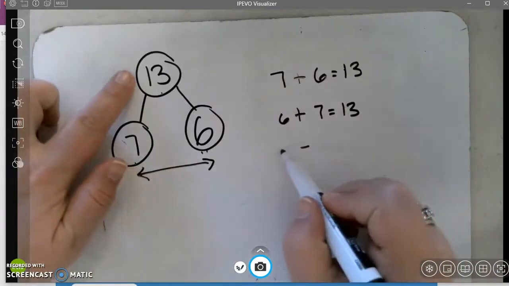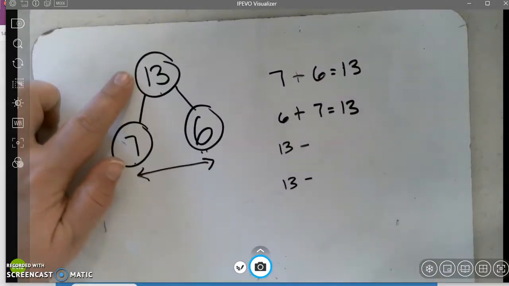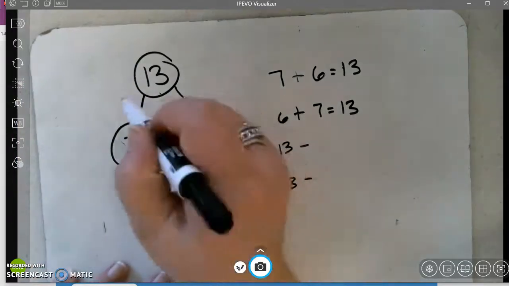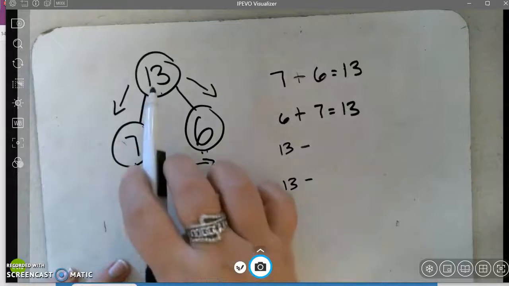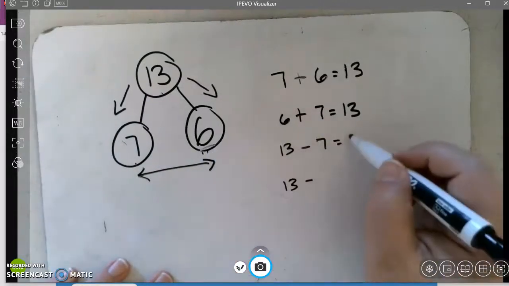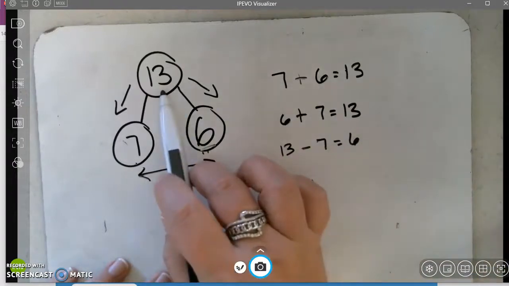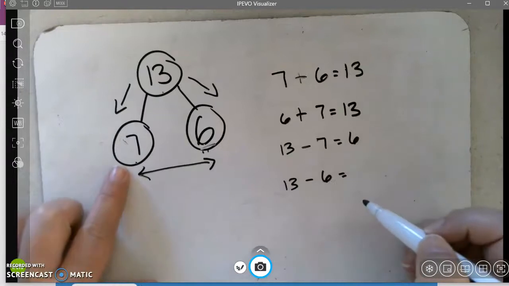Remember, our subtraction problems always start with our whole number, so I'm going to go ahead and write my 13 in there real quick. And then our subtraction problems go down either side of our triangle. So 13 minus 7 equals 6. And then down the other side, 13 minus 6 equals 7.